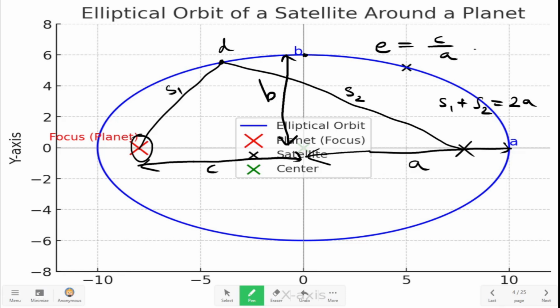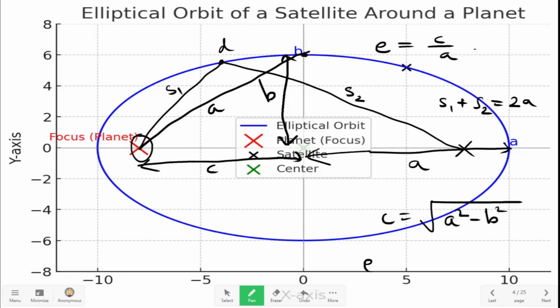So if we consider this point, the distance from this point to the point on the minor axis is equal to the distance from one of the foci to the point on the minor axis, which is equal to A. Therefore we can write C is equal to root of A square minus B square, from Pythagoras theorem.